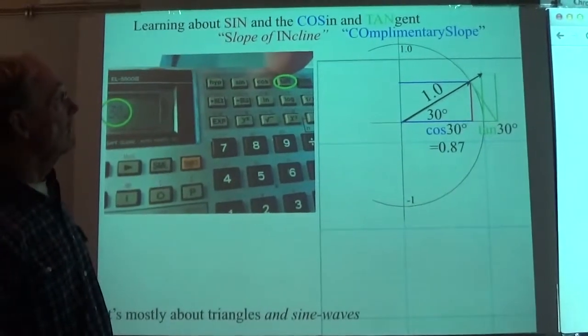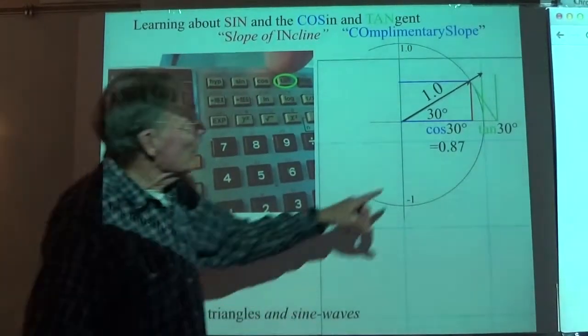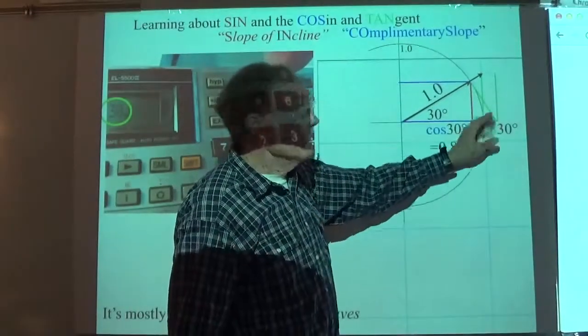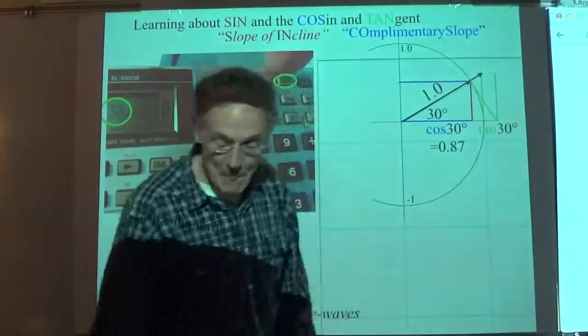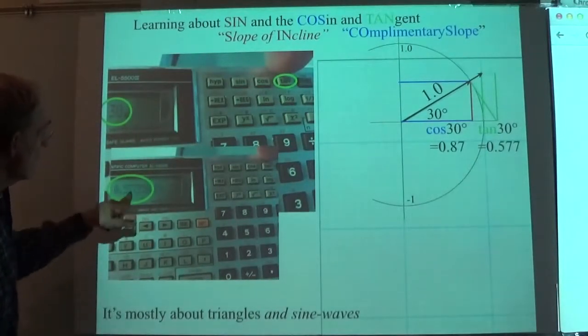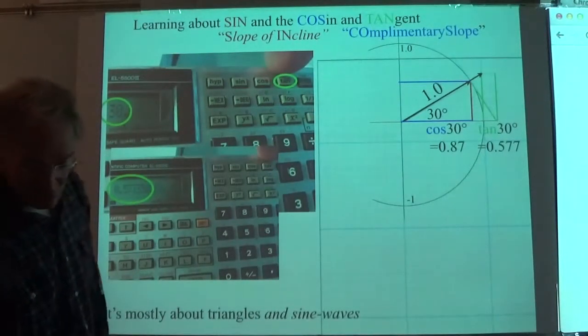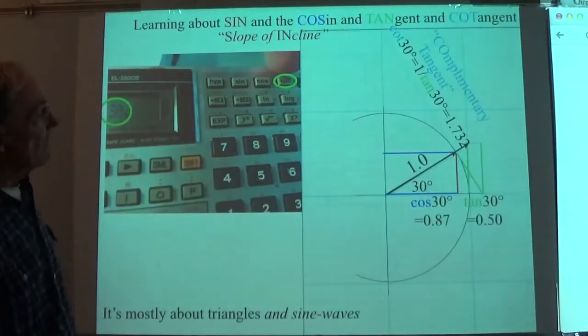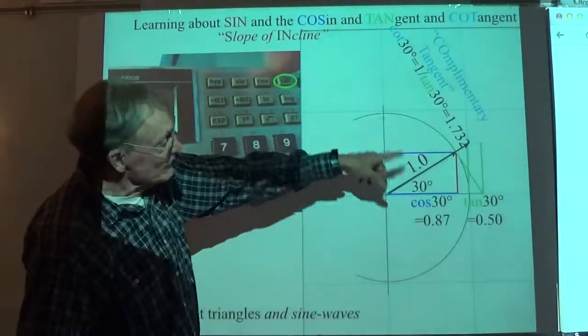And then here comes the tangent. Remember how we dropped the tangent off of there, and then rotated it up, right? That comes in here at 0.577, square root of 3 over 3. And next comes the complementary tangent, okay?